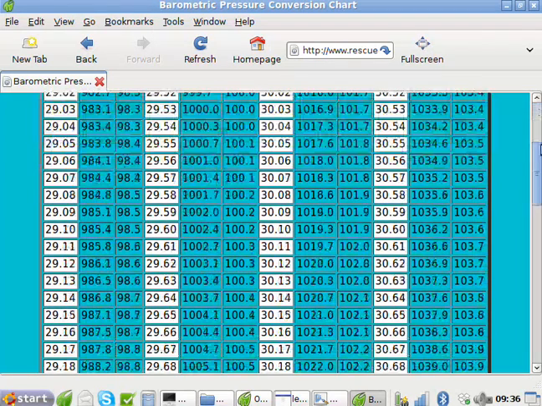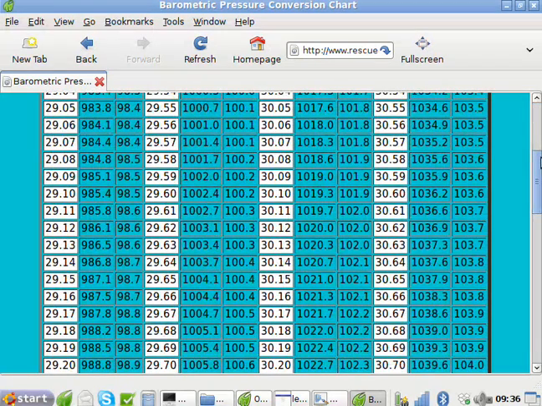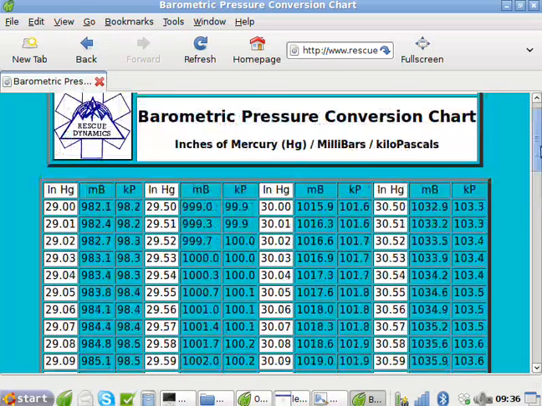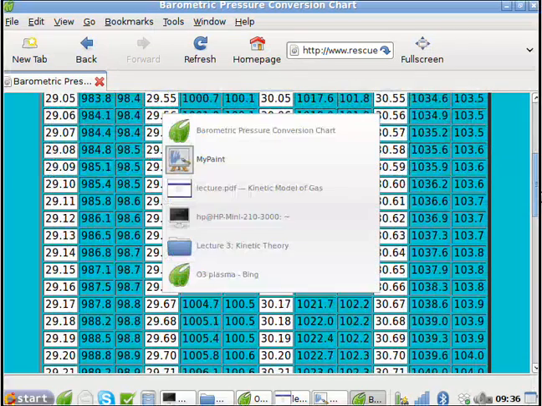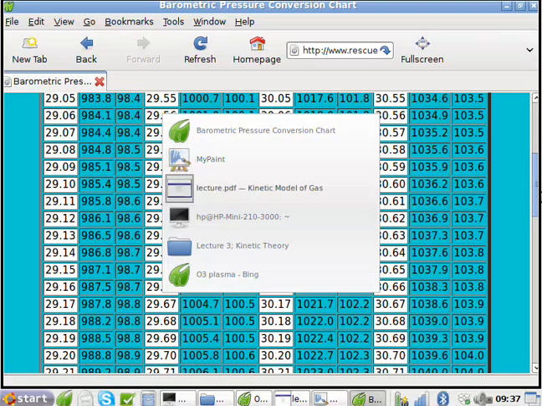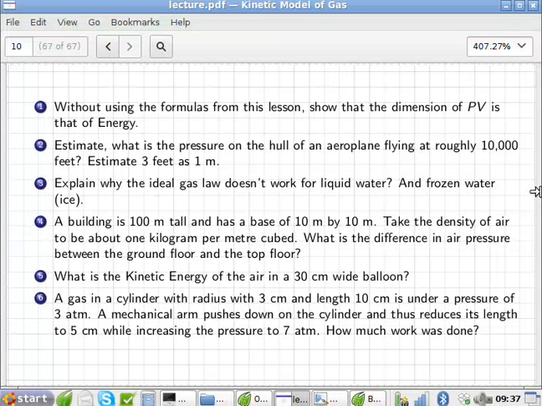What's the difference in the pressure? That's P2 minus P1, the bigger pressure minus the smaller pressure, which will be rho g (h2 minus h1). Although you don't know what h1 and h2 are, you do know what h2 minus h1 is.